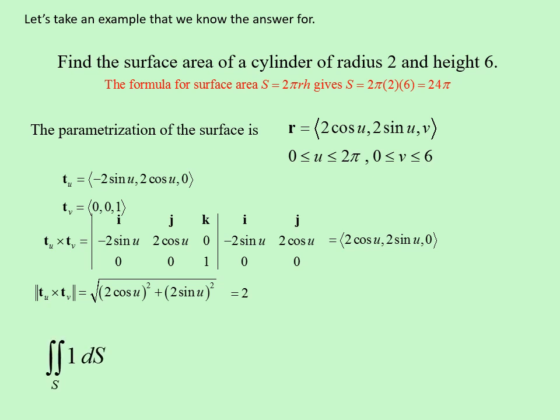So our integral then would look like this, where all that's left is for us to describe the area of the region. Well, that's already done for us. If we're in parametrics, we want u to go from 0 to 2 pi and v to go from 0 to 6.